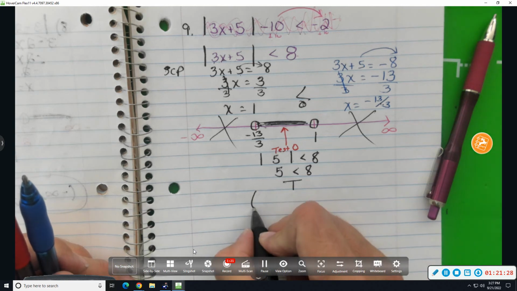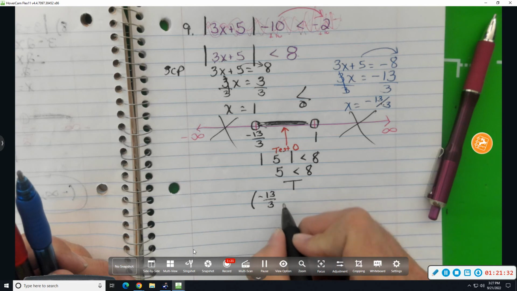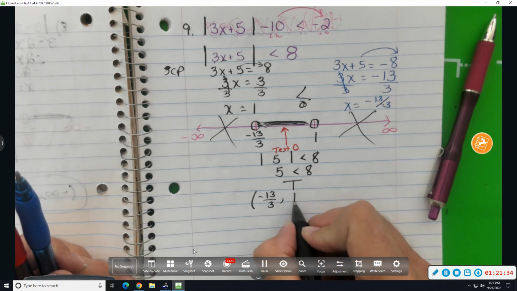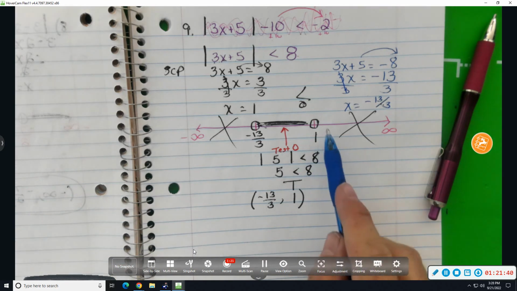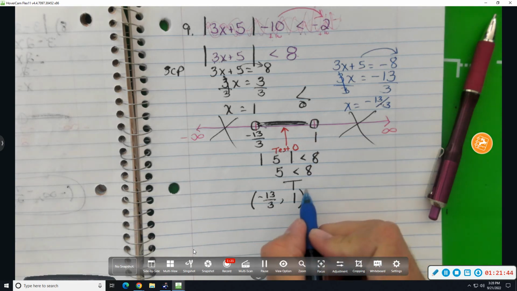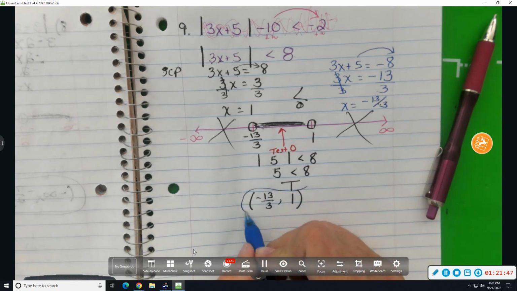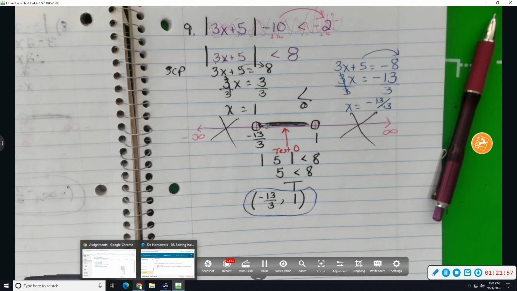So it's going to go parentheses. Negative 13 over 3, comma 1, close parentheses. Remember, you're putting parentheses at the open circles. Okay. We're going to start graphing the next time, and if you remember graphing, you might think, well, that looks like those ordered pairs, x, y. Yeah, it does, but it's not an ordered pair.